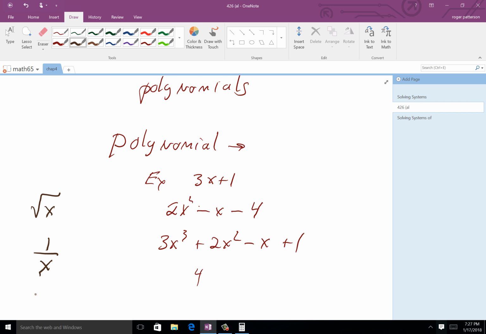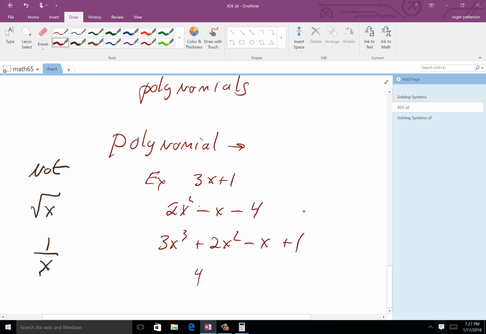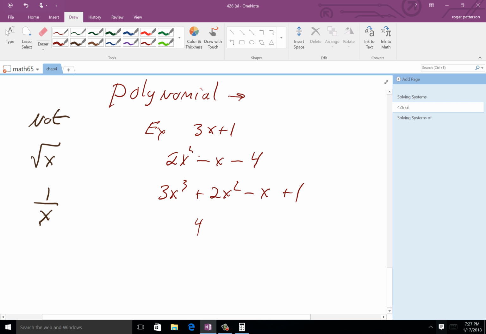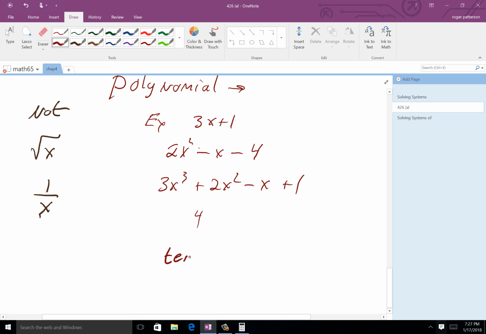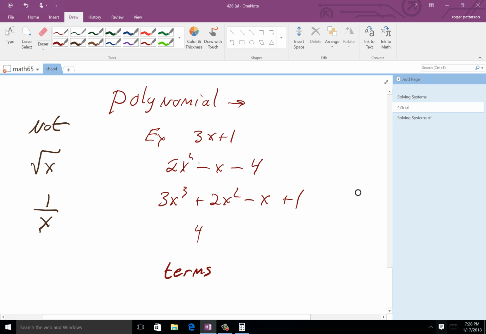The thing with polynomials is that they have what we would call terms. In this case, this has 2 terms, 1, 2. This one has 3, 1, 2, 3, and this one has 4, 1, 2, 3, 4. Those are your terms. It also has something called a degree.